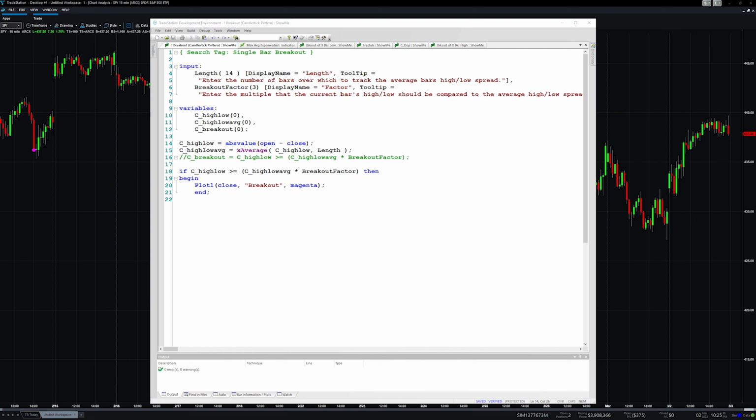And today I decided that we would try that idea with a breakout candle. One that was 2 times the average size or 3 times the average size of the average candle over, let's say, 14 periods is what we're going with.